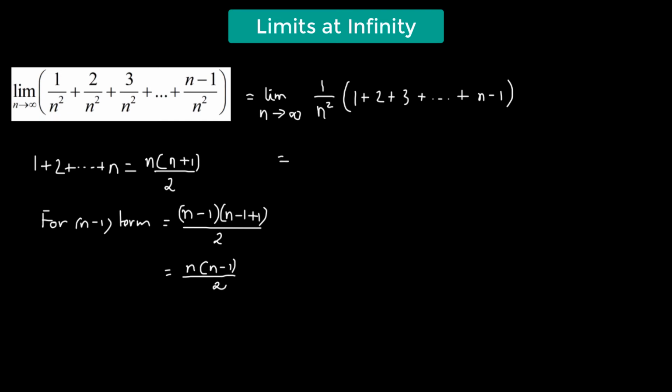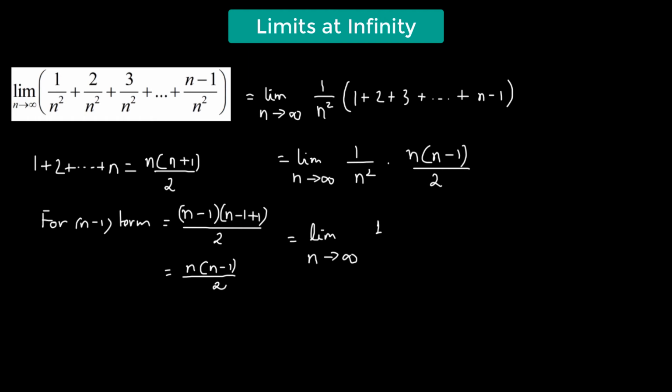So we have the limit n tending to infinity of 1 over n squared times n(n minus 1) divided by 2. Now we look for the highest power of n in both the numerator and the denominator. So that is going to be n squared. So we're going to divide both numerator and the denominator by n squared.